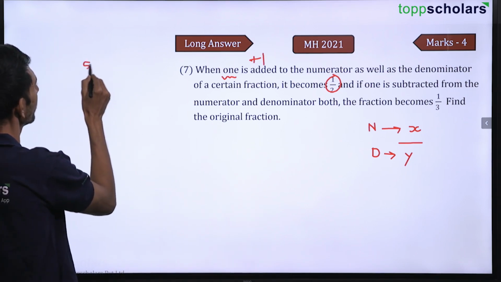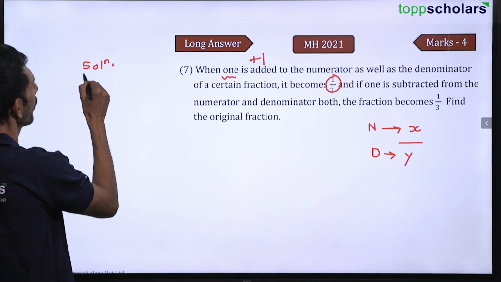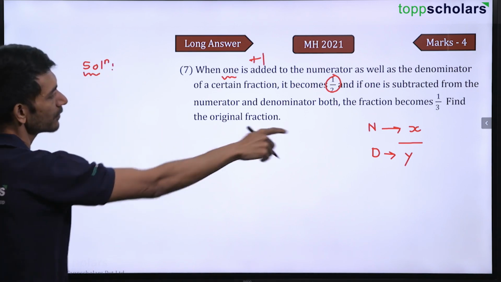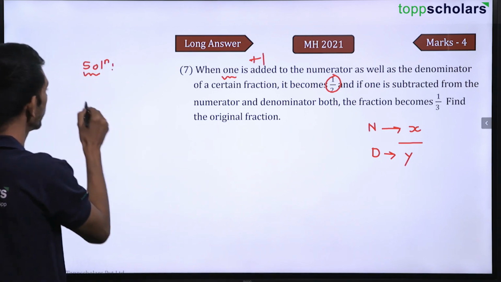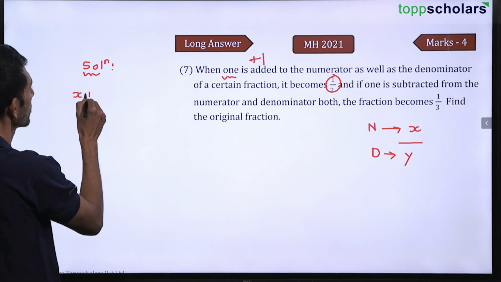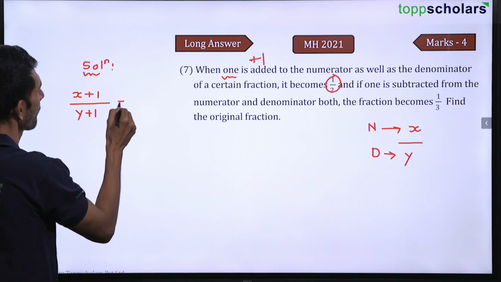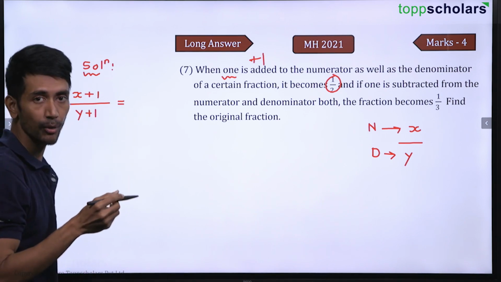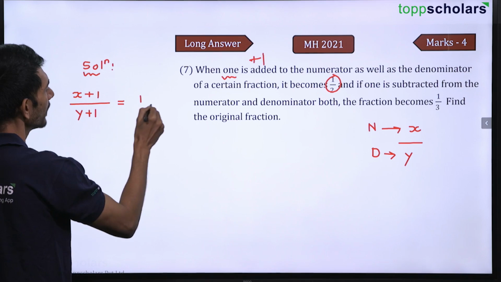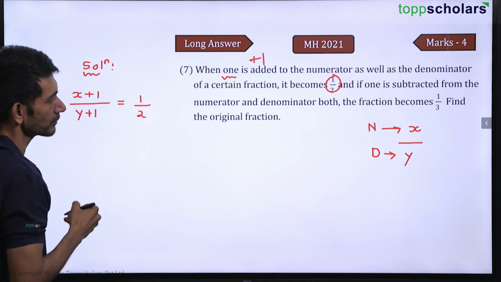So according to the first condition, if 1 is added to the numerator and the denominator, x plus 1 by y plus 1, it becomes 1 by 2, right?